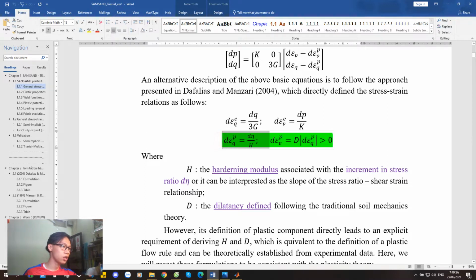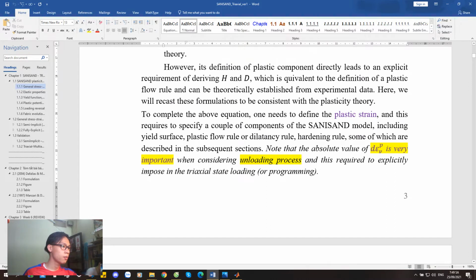And we have more to learn: dε_q^p equals dη over H, where H is the hardening modulus. Remember, ε_v^p is very important in the unloading process, because in a loading reversal all of the signs change, so make sure you change dε_v^p, because when we unload we also change the sign of dq and dp. Okay, because dλ is negative at that time. I will tell you why.